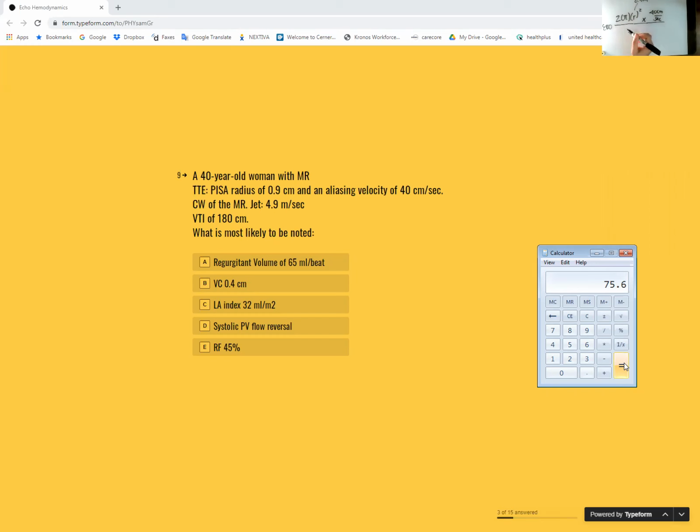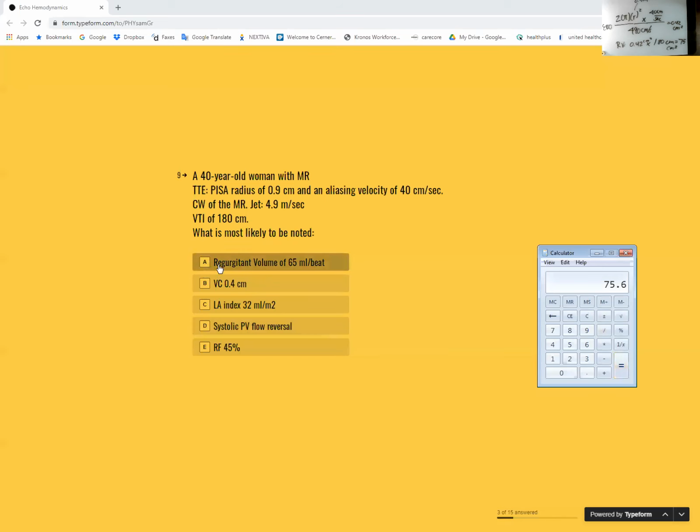That whole thing divided by, tricky, 4.9, so 490 centimeters per second. That would give you 0.42 cm squared. And then your regurgitant volume is 0.42 cm squared, I'm a stickler for units, multiplied by 180 centimeters, and that equals 75 cm cubed.